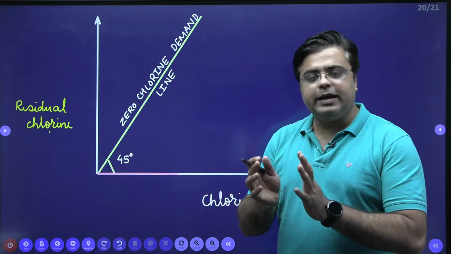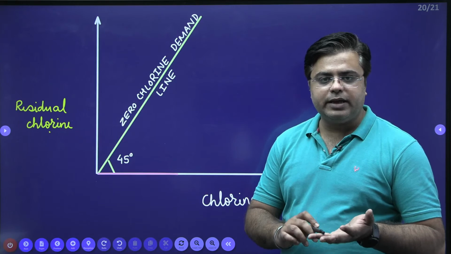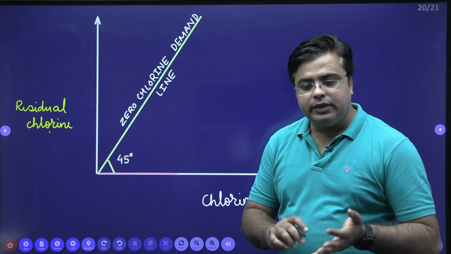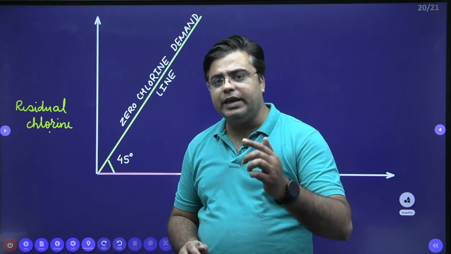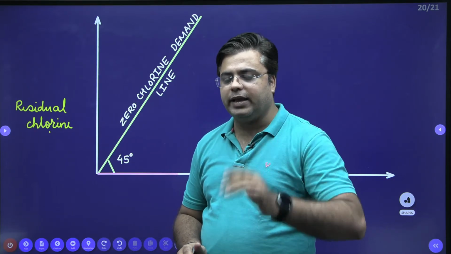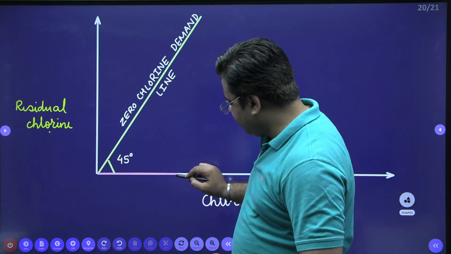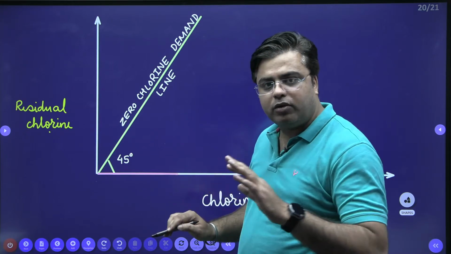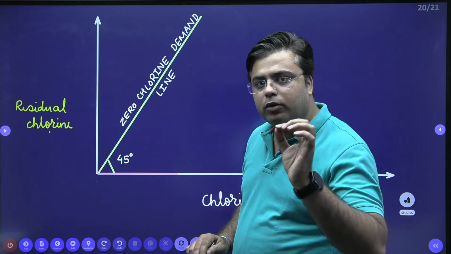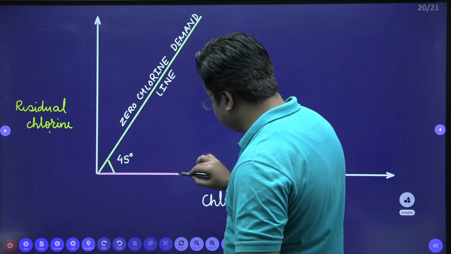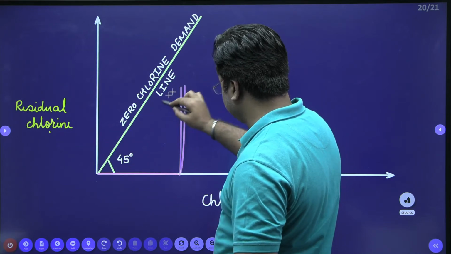When all three are present in your water sample, inorganic matter, organic matter, and microorganisms, then when you add chlorine, all the chlorine will be used up to carry out the oxidation of inorganic compound. After this point, when oxidation of inorganic compound is done, now the chlorine will react with organic matter to form chloramines.